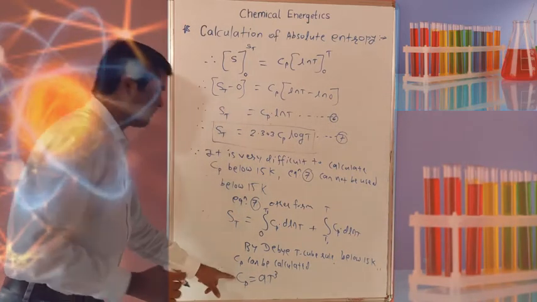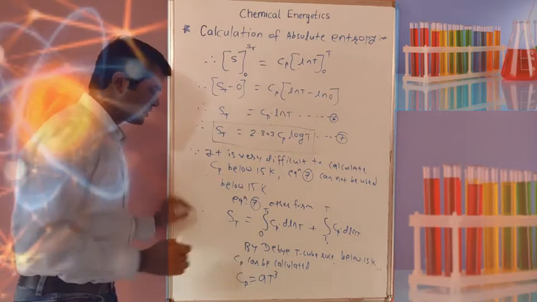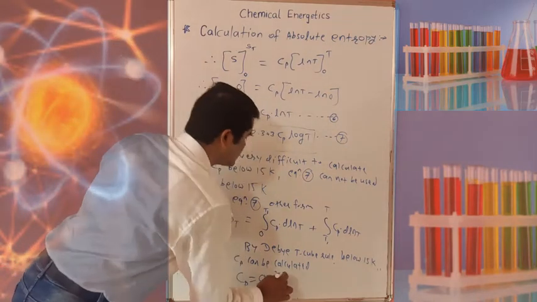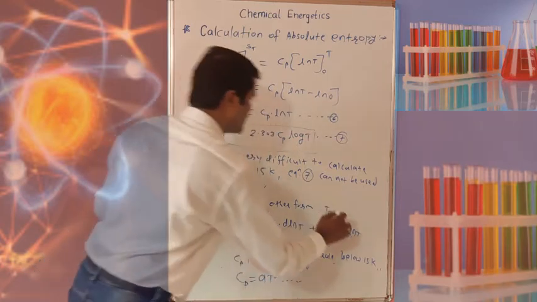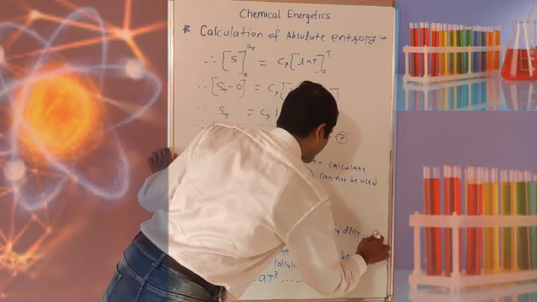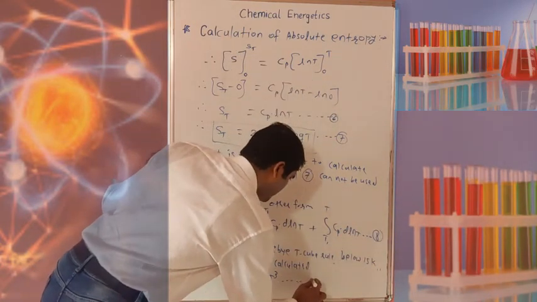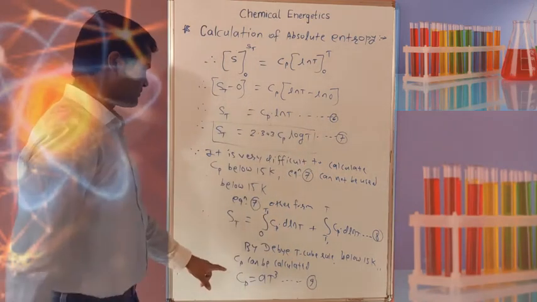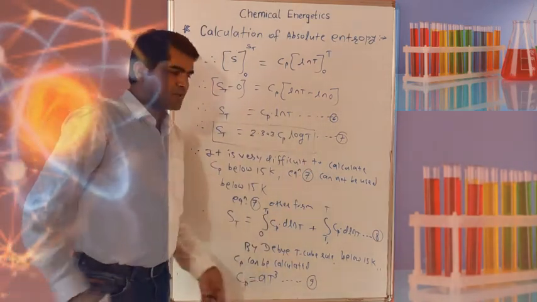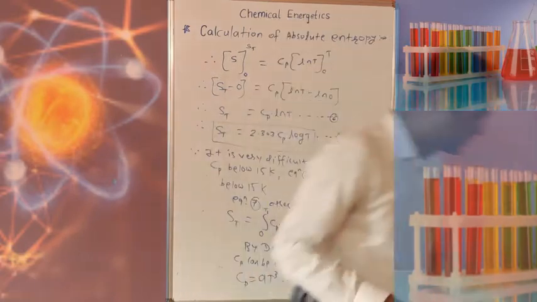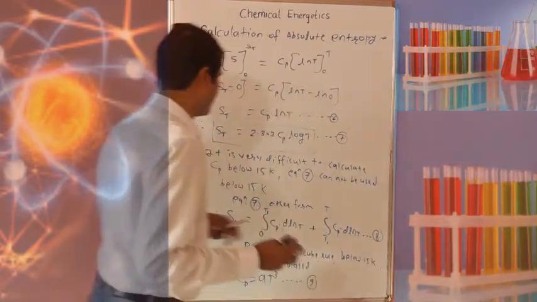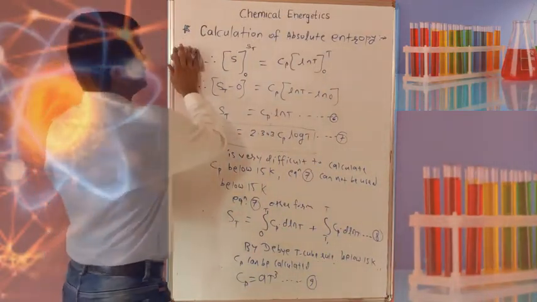So Cp, heat capacity, is directly proportional to T-cube, and we can note this as equation 9, and the earlier one is equation 8, where A is a proportionality constant that depends on the system.